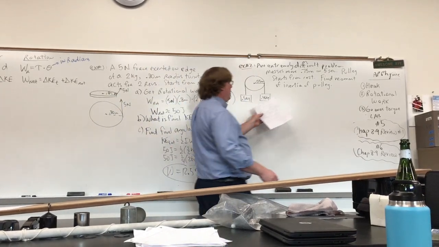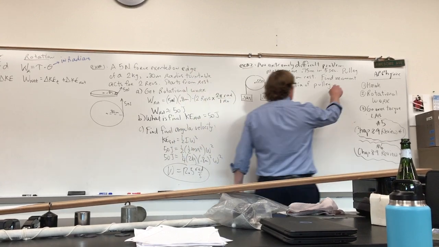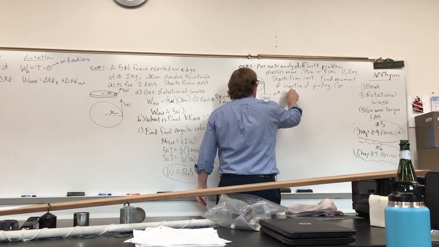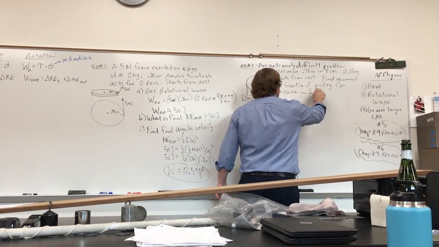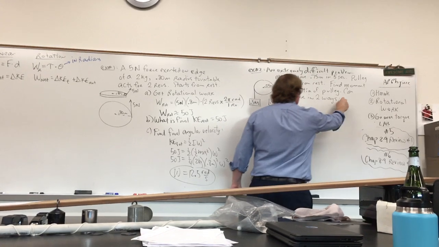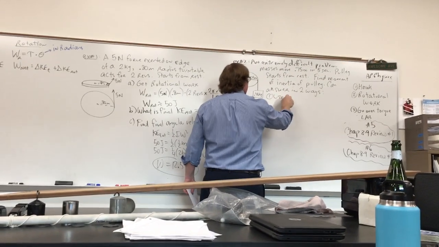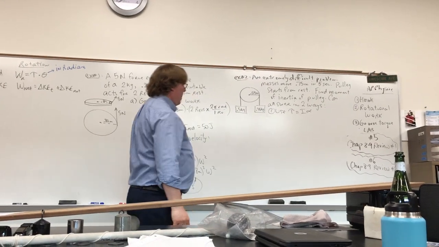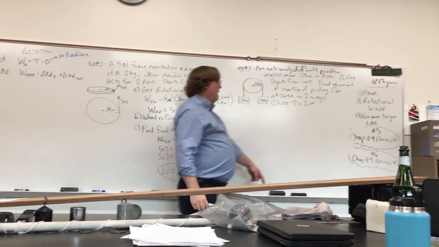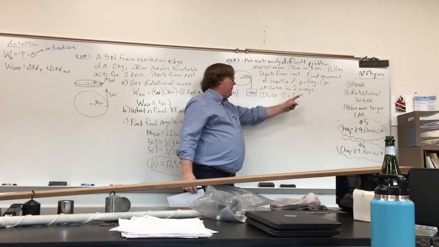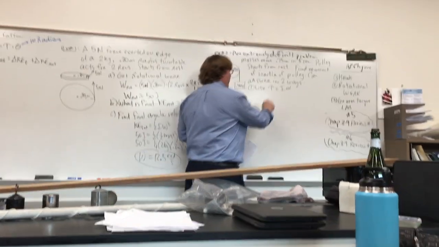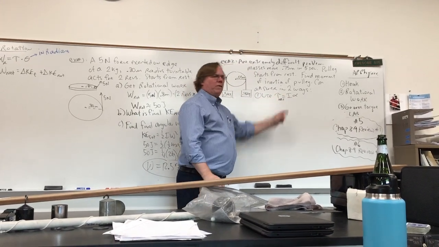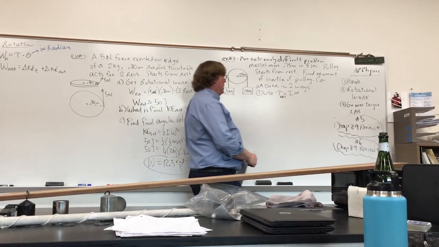Well, it turns out there's 2 ways to answer this question. Number 1, you can use net torque equals I alpha. That is, all you need to do is find the alpha of the pulley and find the net torque on the pulley, and you can find the moment of inertia of the pulley.